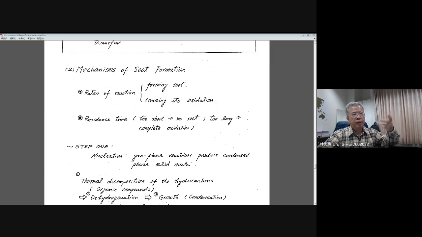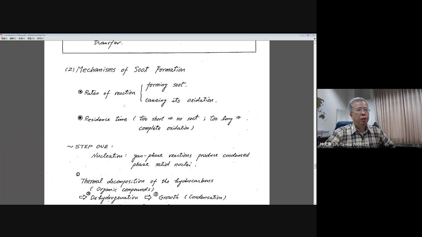For example, I mentioned the industrial furnace: since the combustion chamber is pretty long, when you go to the far downstream sites, more oxygen exists in the environment but your fuel becomes less, right? And you will have more time and good mixing with oxygen, then they will have a complete oxidation of the soot.